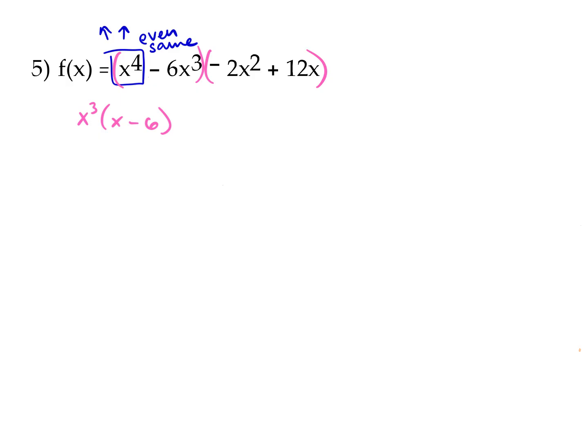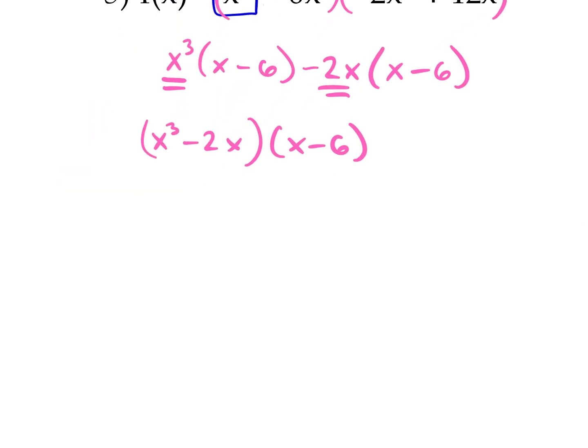What's the GCF from our second group? Negative 2x. Perfect. When we take out a negative 2x, what are we left with? X minus 6. So we're going to put our 2 outsides together. So x cubed minus 2x, and then we have an x minus 6.